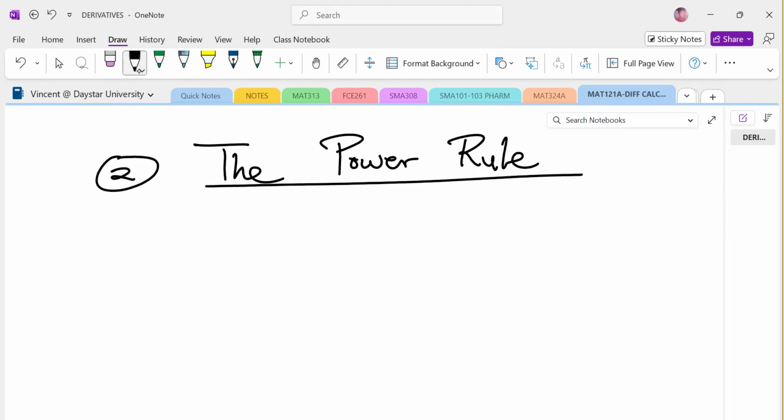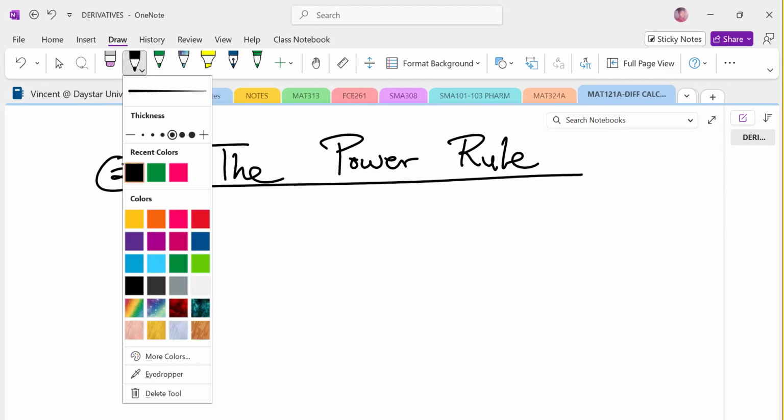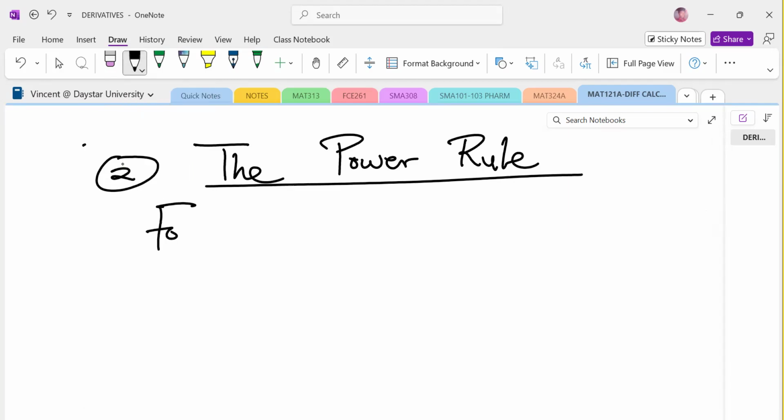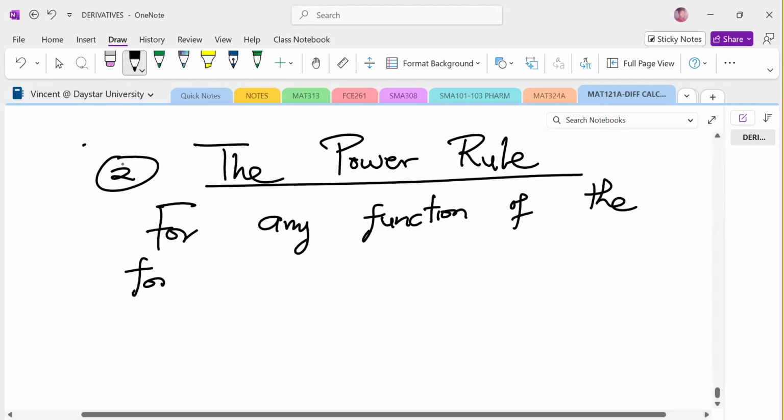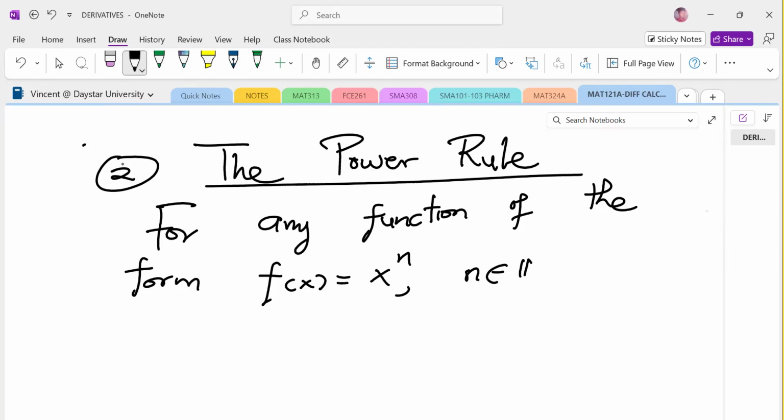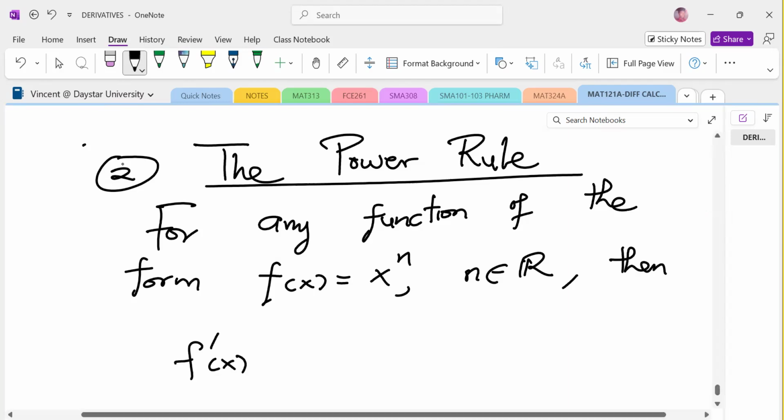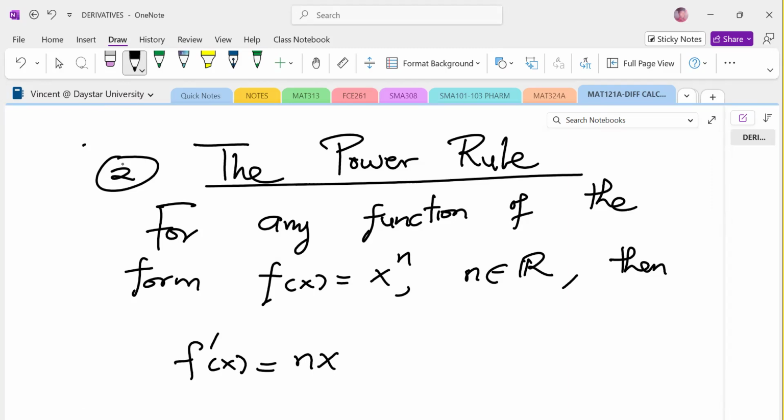The power rule states that for any function of this form, where n is a real number, then f prime of x is given by n x raised to the power n minus 1.